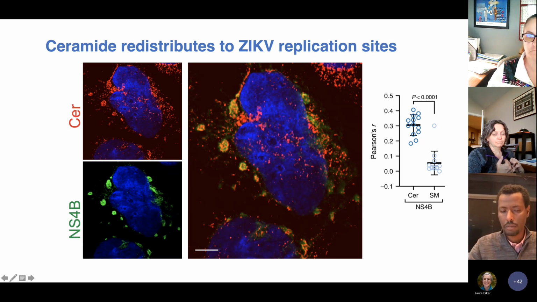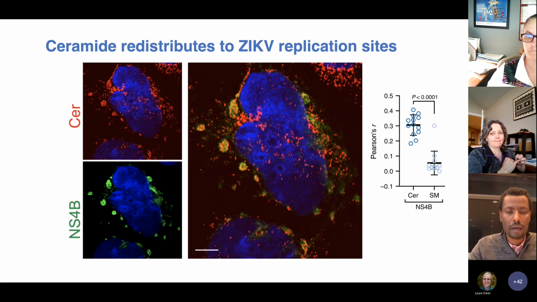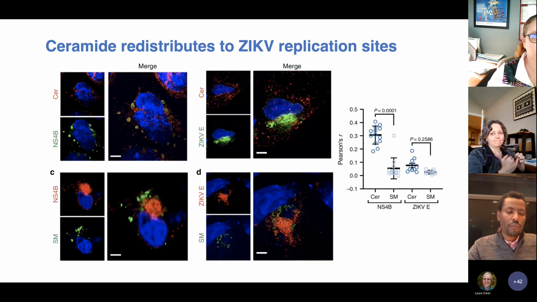NS4B is a marker for replication sites. And we also used antibody against ceramide, and we see this very nice co-localization of ceramide with NS4B, the replication site marker. And if you do the same type of co-localization with sphingomyelin, it doesn't co-localize.